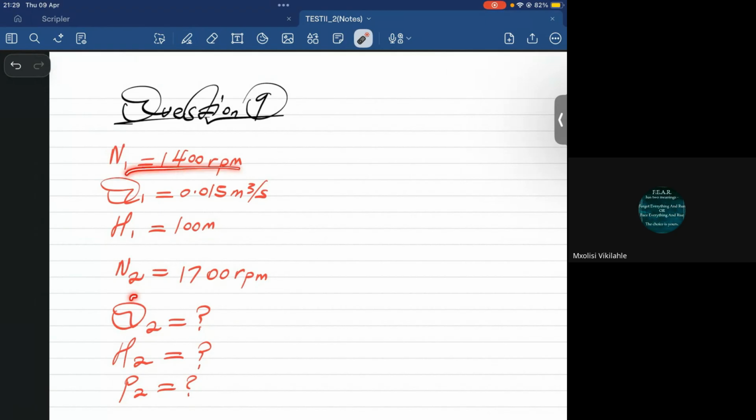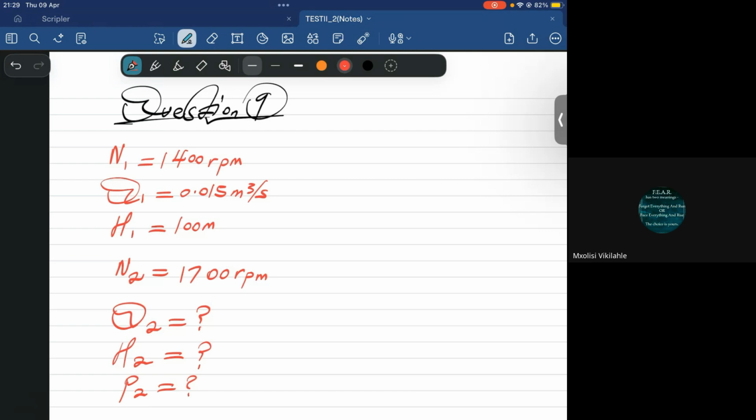Since we're given the impeller speed, this means that the impeller diameter remained constant; the diameter doesn't change. So to find the volumetric flow rate, we'll use this formula: Q1 divided by Q2 is equal to N1 divided by N2.